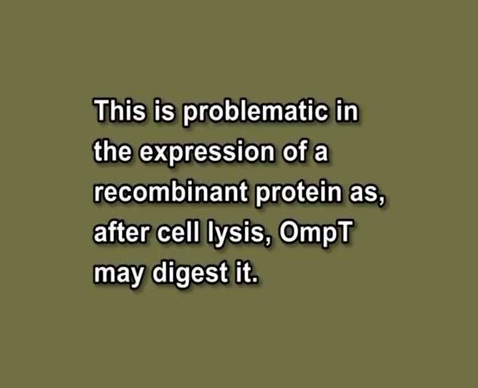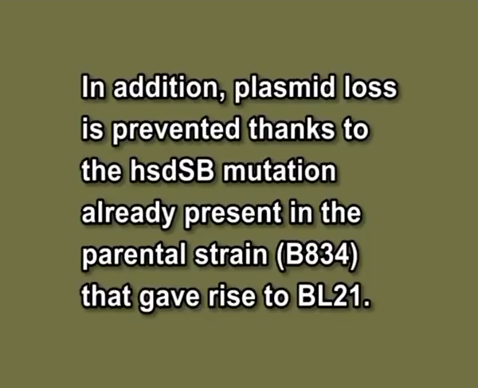This is problematic in the expression of a recombinant protein, as after cell lysis OmpT may digest it. In addition, plasmid loss is prevented thanks to the hsdSB mutation already present in the parental strain B834 that gave rise to BL21.